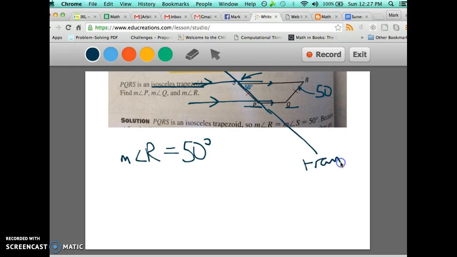And if that line is a transversal, then alternate interior angles are congruent. So this is 50 over here. And same side interior angles or consecutive interior angles are supplementary. So angle P on the inside has got to be 130.